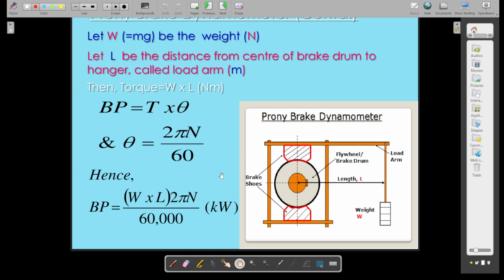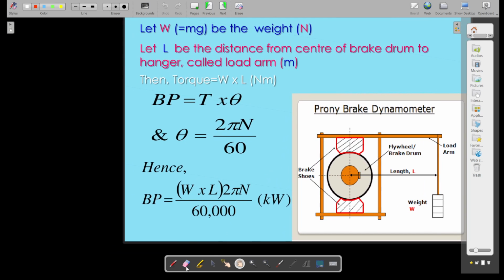So again, the formula I told you earlier: if you want to find the brake power for such a Prony brake, I write 2 pi NT by 60 into 1000. Why 60? Because N is in rpm, to convert to rps. And 1000 is for converting watt into kilowatt.